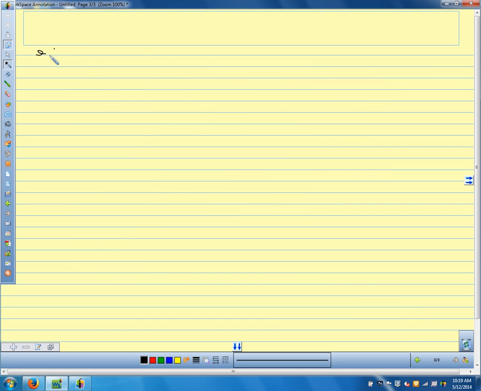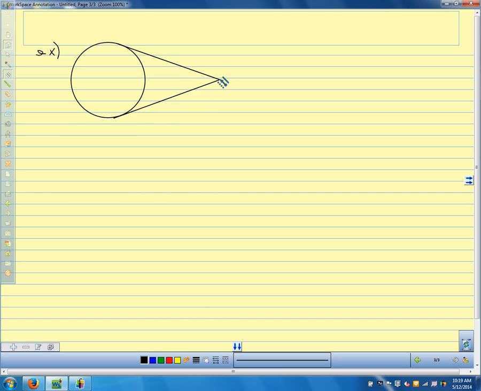A couple of examples. The first one, here's our setup. We have this circle, and we have a couple of tangent segments, like so, that intersect out here. There's my center. And we're going to say that this is 152 degrees, and that angle is x degrees.